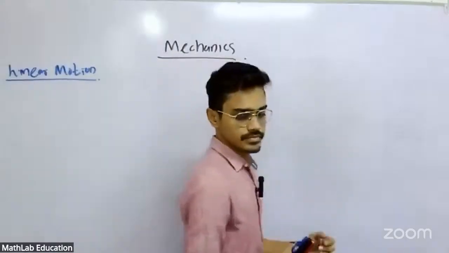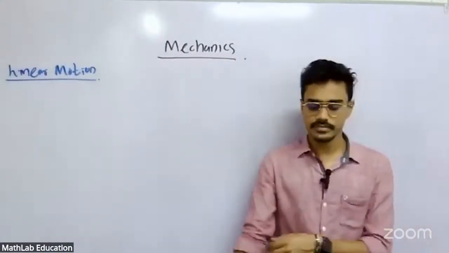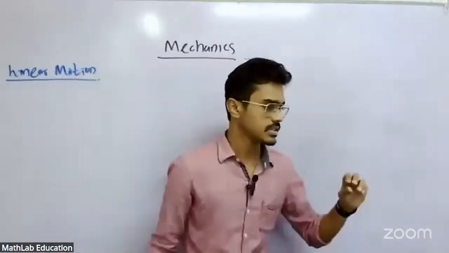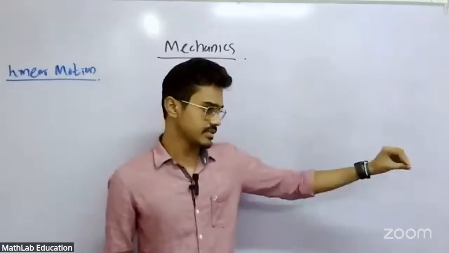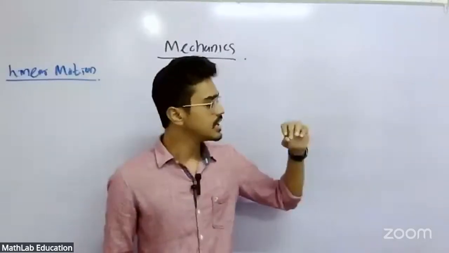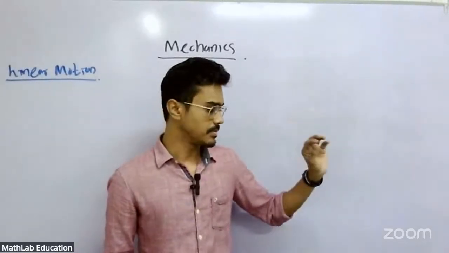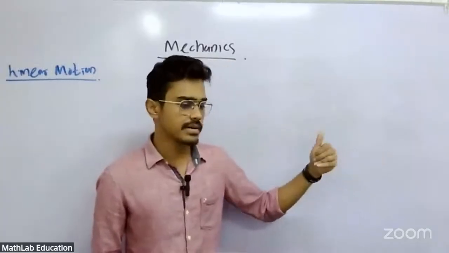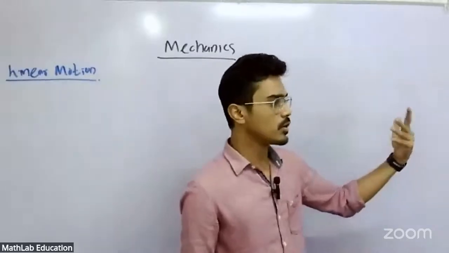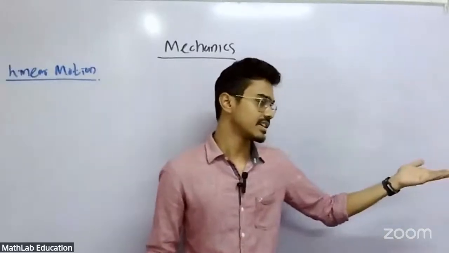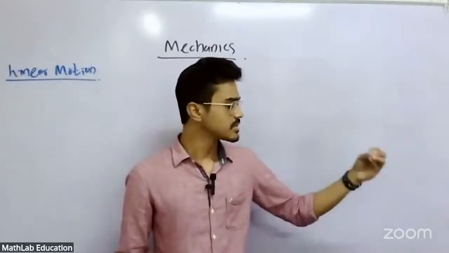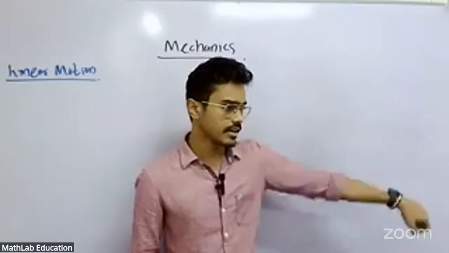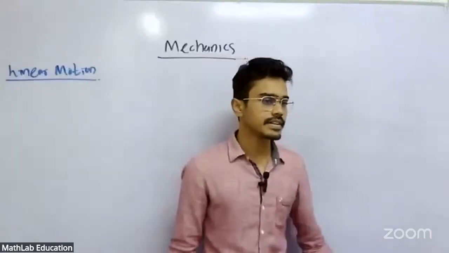Right. So I got a few correct answers. Yes, that is correct. Simply, a linear motion is a motion that undergoes a straight line, or we can say a linear path. If any object moves in a straight line, it doesn't matter whether it moves with uniform velocity or with acceleration or deceleration, as long as it moves in a linear path, a straight line, that's called a linear motion.